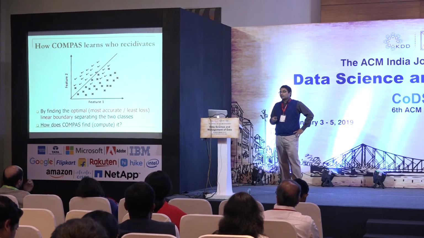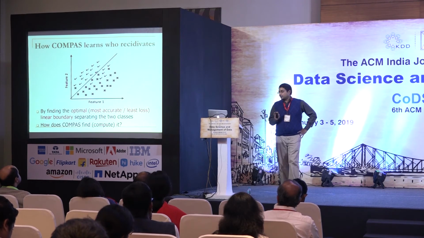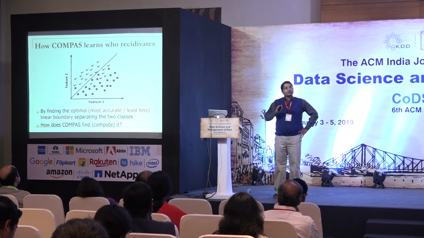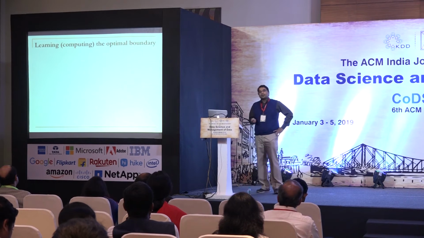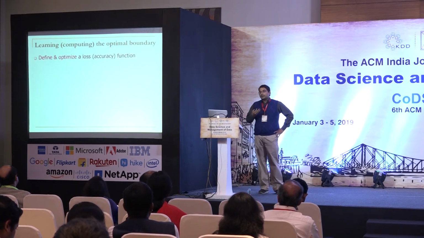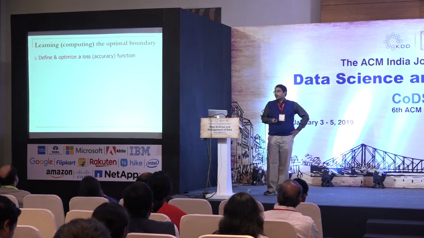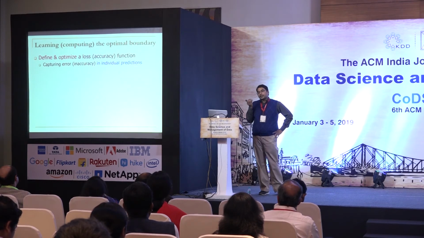So now let's actually carefully observe what Compass is actually trying to compute. This is like going back and looking at something that we use every single day, but a little bit more carefully. So when you're learning or computing the optimal boundary, today what we often do is we define and optimize for a loss or accuracy function. Now, this loss function is supposed to capture the inaccuracy in individual predictions.